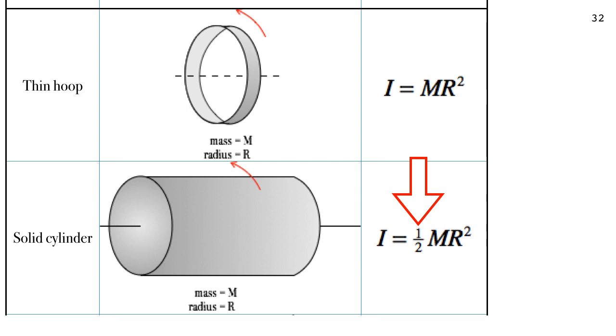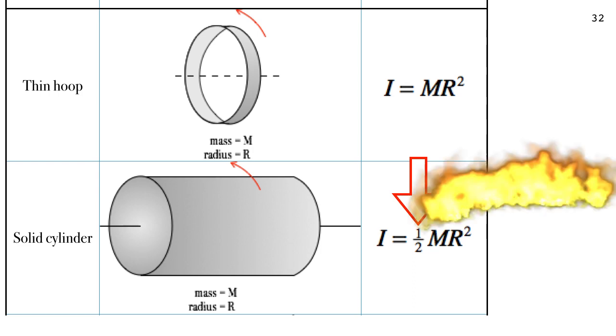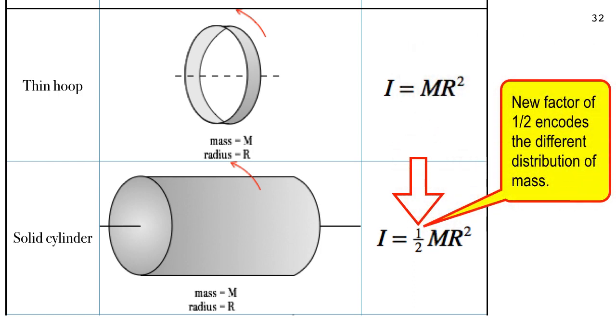And that encodes the significantly different distribution of mass. A hoop you can think of as cylindrical, definitely circular, and it's probably got a few inches of depth to it. And this cylinder is not just cylindrical, but it's solid all the way through. So if it's the same density all the way through, this is the moment of inertia about the cylinder's natural rolling axis.